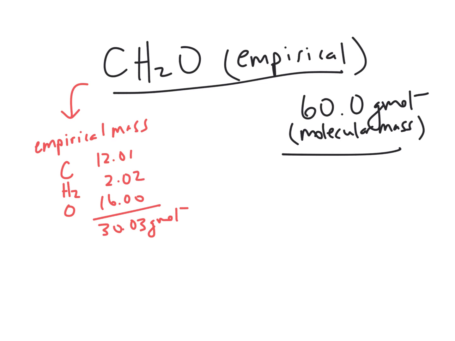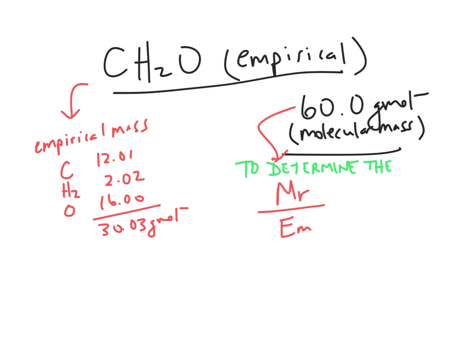This is a theoretical value. Then we take the actual molecular mass of 60 and divide it by this empirical mass, and that gives us our multiplier. This is to determine the multiplier.